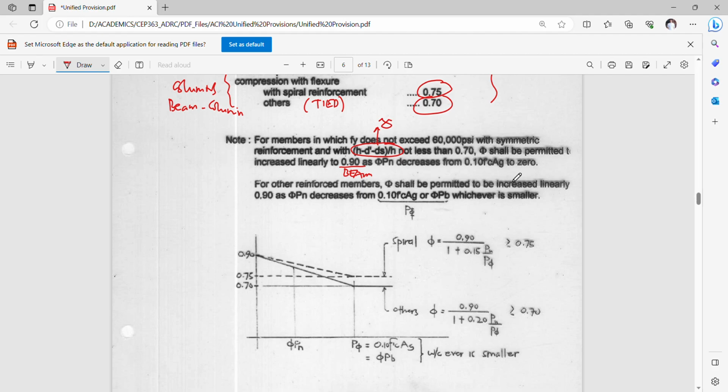Okay, so this is the point at which your value for phi changes, up to a certain point, which is 0 here.